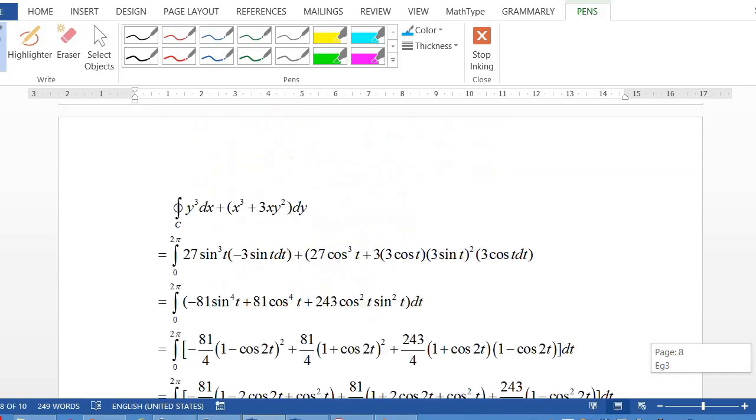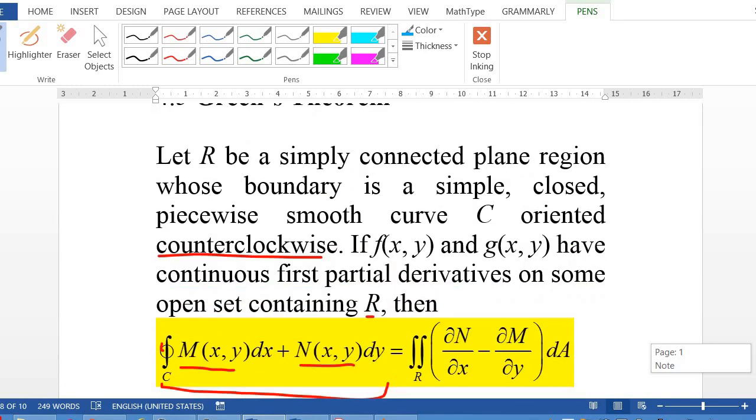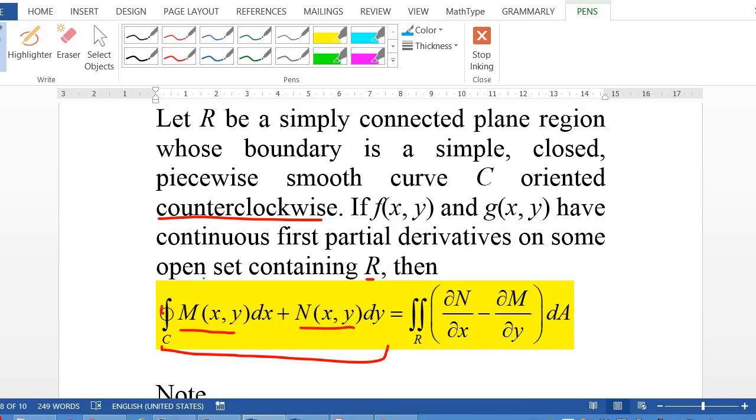So this is Green's theorem. Let me conclude what we have learned here. To evaluate the line integral of M(x,y) dx plus N(x,y) dy, the line integral of a differential form in 2 dimensions only, the curve C must be anti-clockwise, a simple closed piecewise smooth curve.